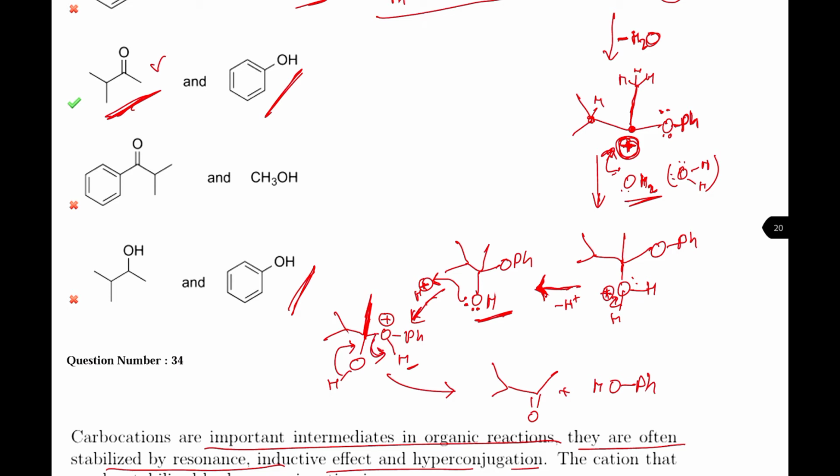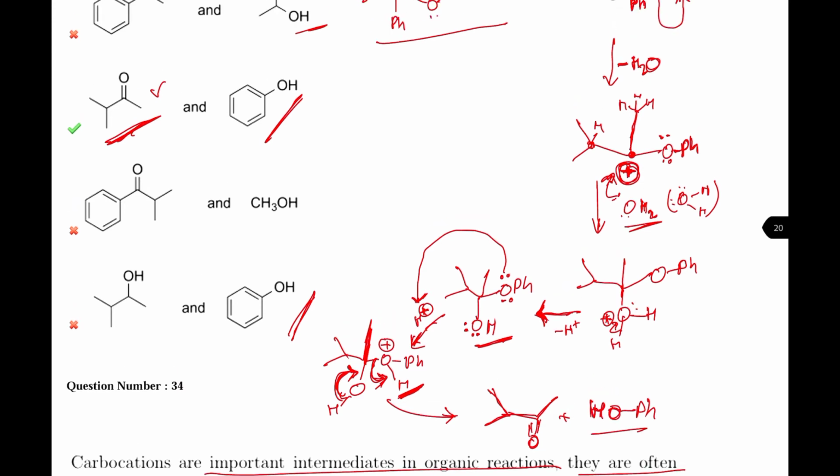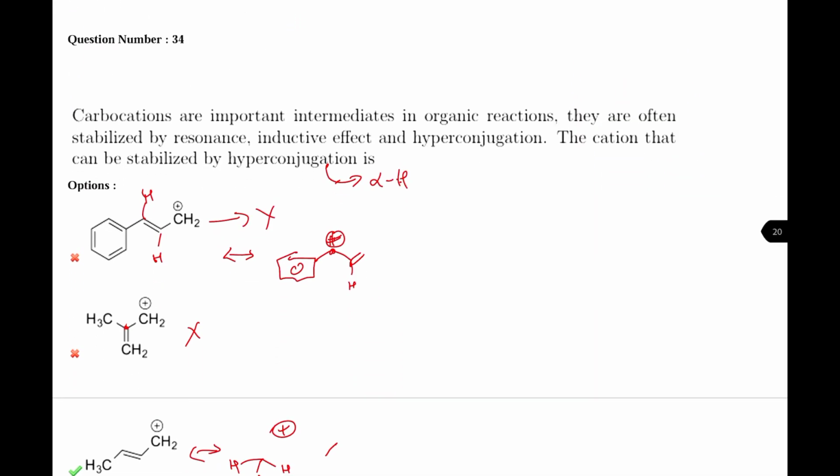No, wait, the protonation which I drew is wrong. There is a protonation of this oxygen, and then there is a positive charge here, then this bond leaves and there is a cleavage occurring. So we finally get a ketone and a phenol. So the right option is coming to the next question.